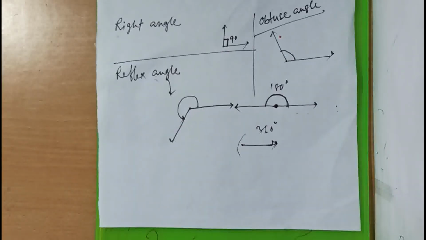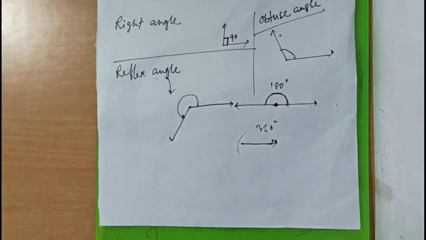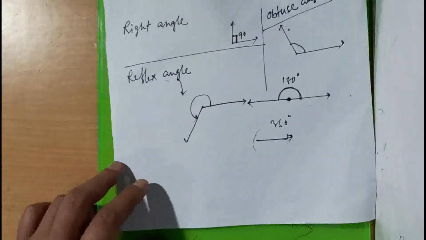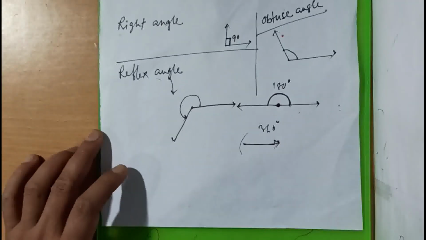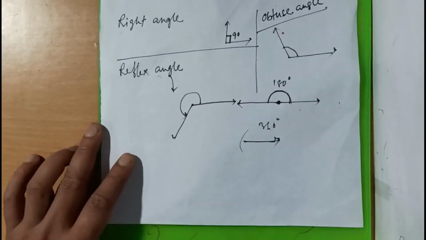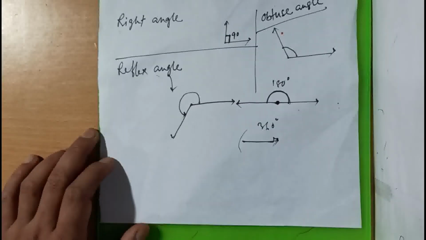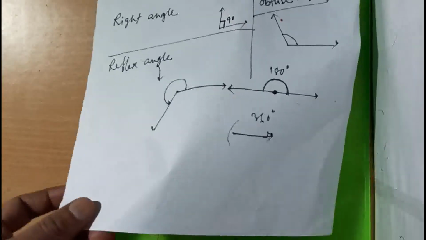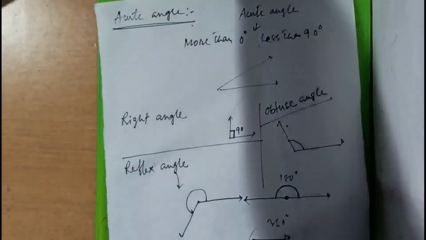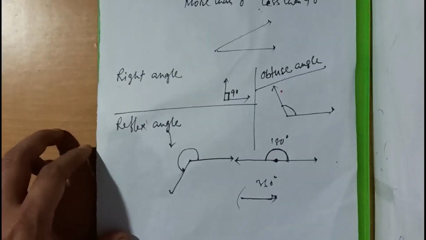Now in this class we will see some pairs of angles. So the different pairs of angles we'll see now, one by one. Okay, now we'll see some pairs of angles.